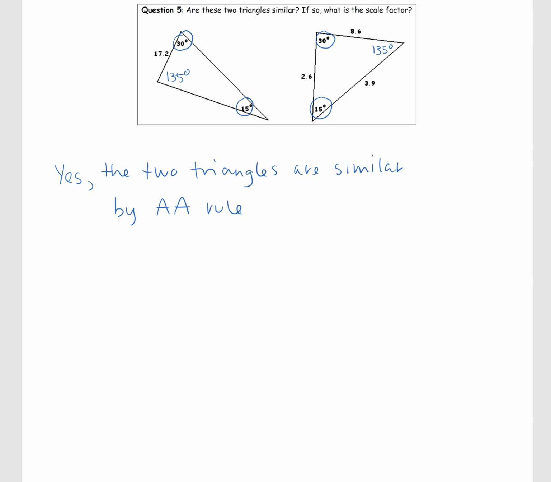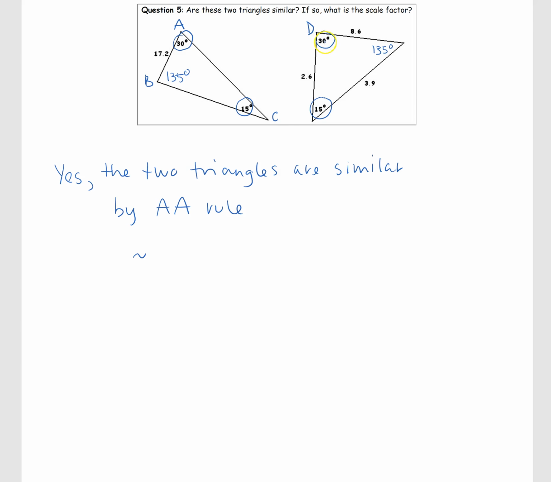Another way of writing this, remembering our notation, is using the squiggly line to say that triangles are similar. In this case, we would have to label our vertices for the triangle. So let's call this A, B, C, and we have to make sure that when we write this, our vertices match up to the right angles.